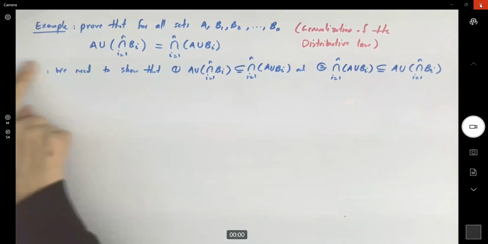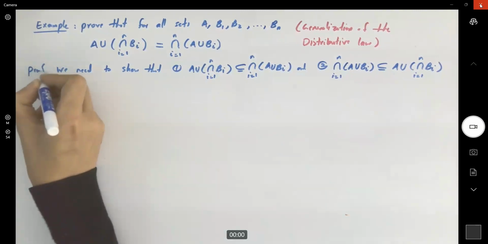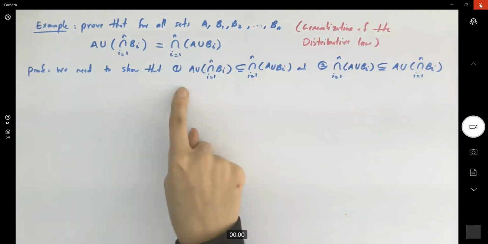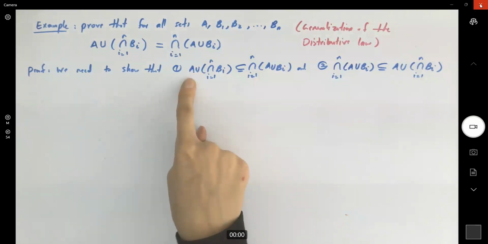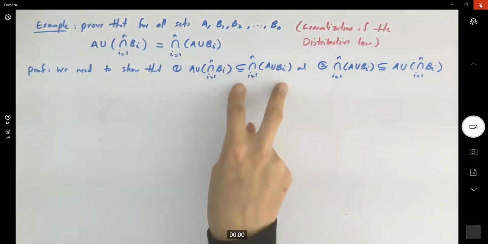I'm going to use the definition to prove this. So to show number 1, we're going to take a random element and show that that element lands here.